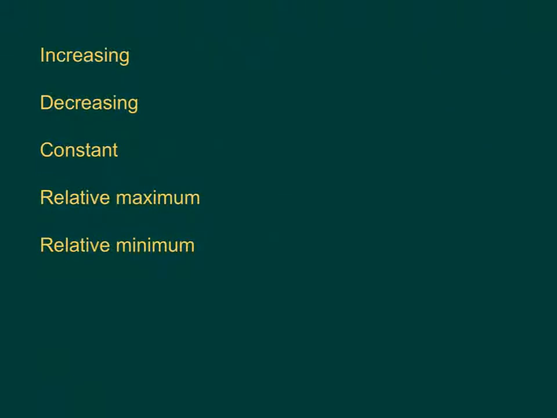Now we're going to go over some key concepts, key vocabulary words that you need to know. These three we use when we're describing functions. We can describe them as increasing, decreasing, or constant. And when we're doing these descriptions, you only use open intervals.